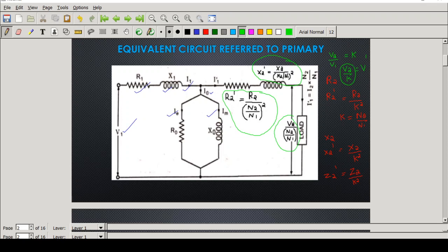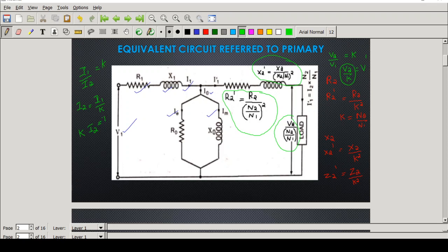Now let's see how you can transform the current. For current I2, the relation is I1 by I2 is equal to K. In terms of I1, I2 is equal to I1 by K, or you can write K into I2 is equal to I1.